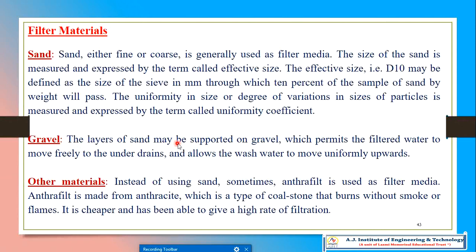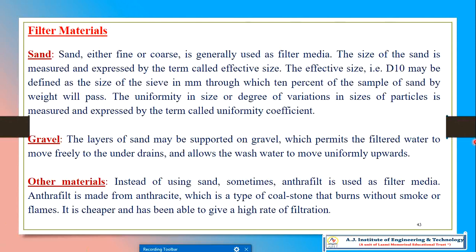The gravel layer permits the filtered water, which is the water coming from the bed of sand, to move freely to the drains below the gravel. While washing, it uniformly distributes the water in the upward direction.